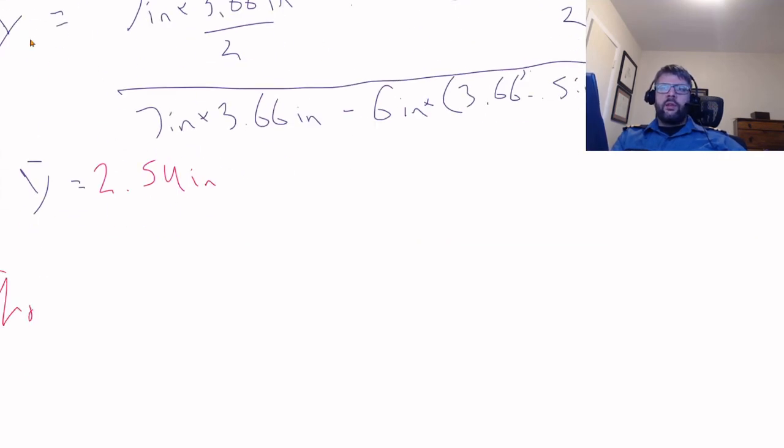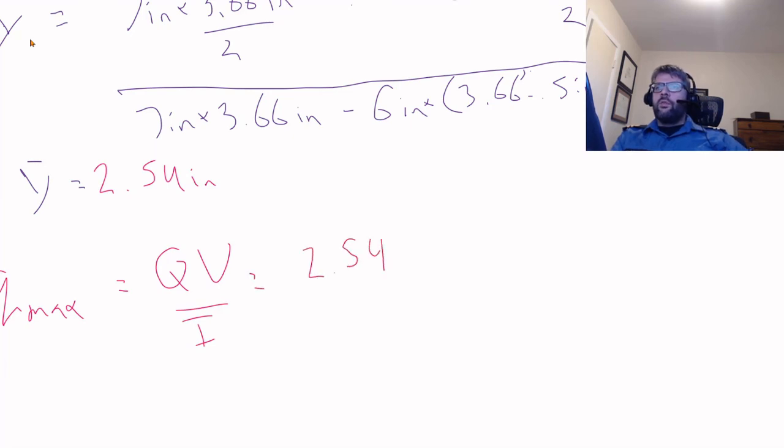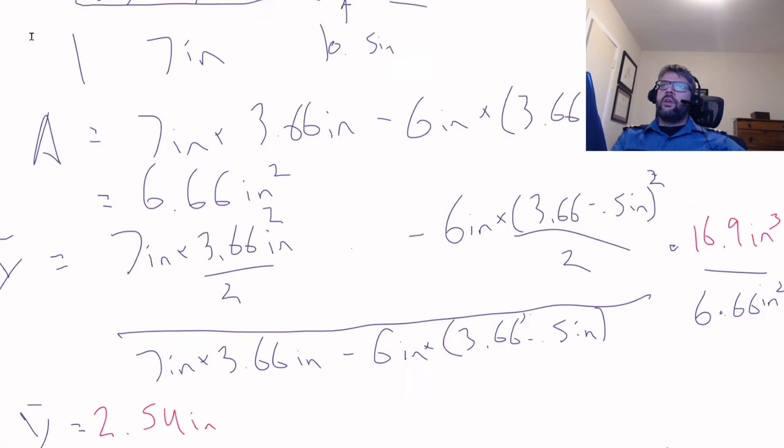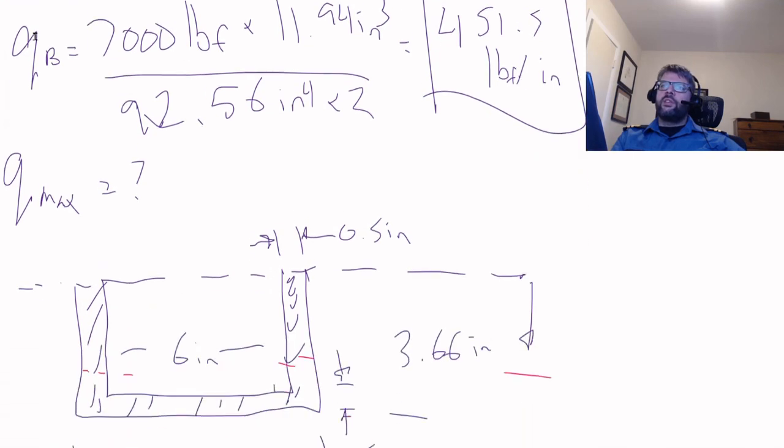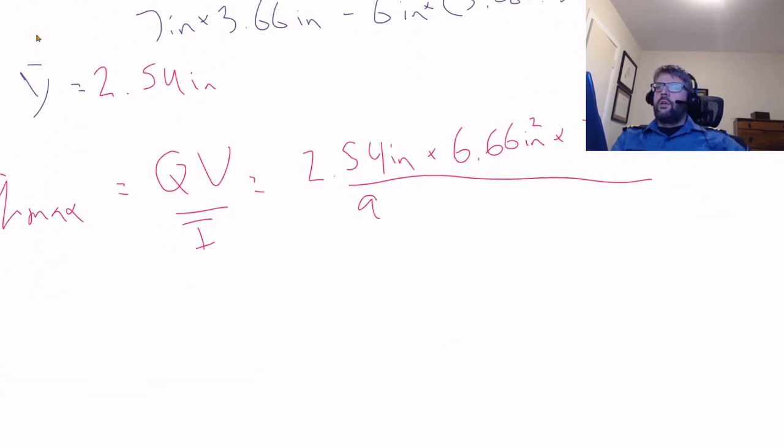So our Qmax is equal to QV over I: 2.54 inches times 6.66 inches squared times 7,000 pounds force, all divided by, what was our I again? 92.56 inches to the fourth.